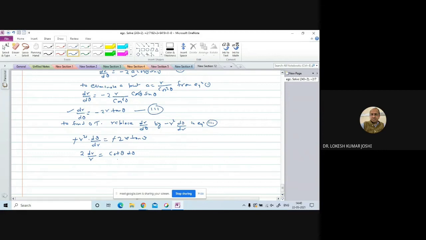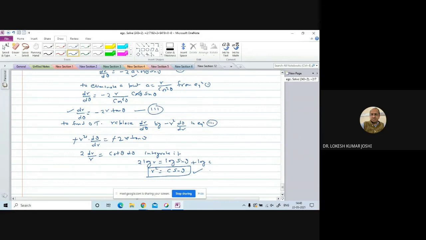Just integrate it, and we get 2 log r equals, the integration of cot theta is log sin theta. Say the constant of integration is log c, or we can write it as r square equals c sin theta.